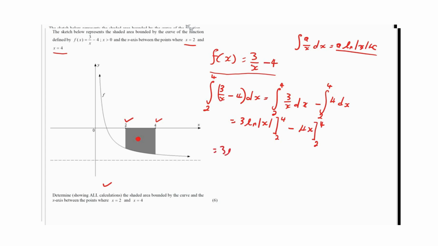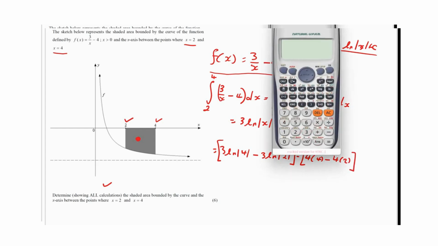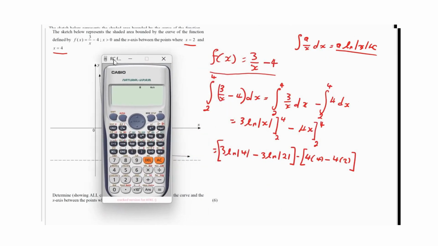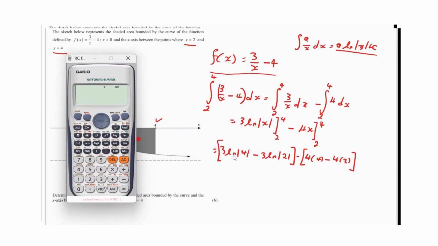So you're going to have 3 into the ln of 4, minus 3 into the ln of 2, and then minus, you open bracket, 4 into 4 minus 4 into 2. Great? Let's get a calculator. We're going to substitute this part here, where you find your ln on your calculator.